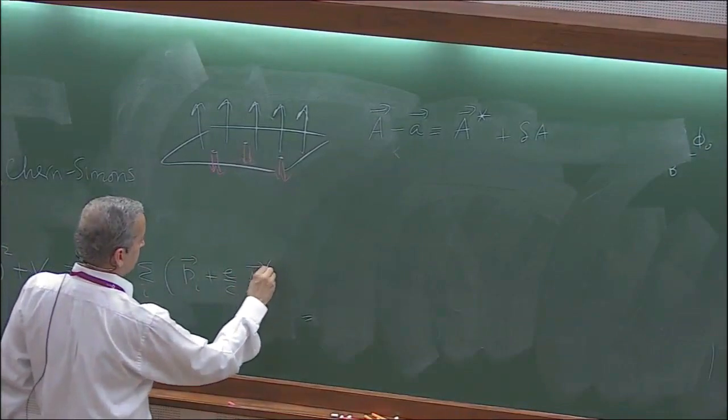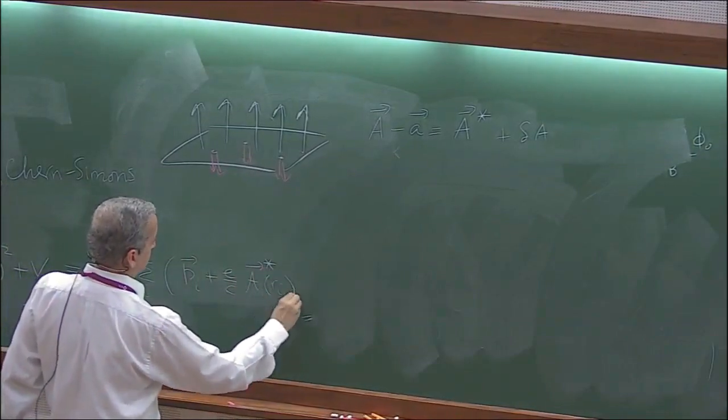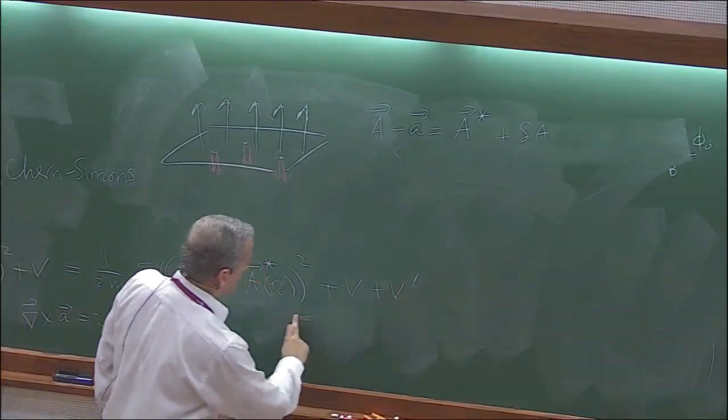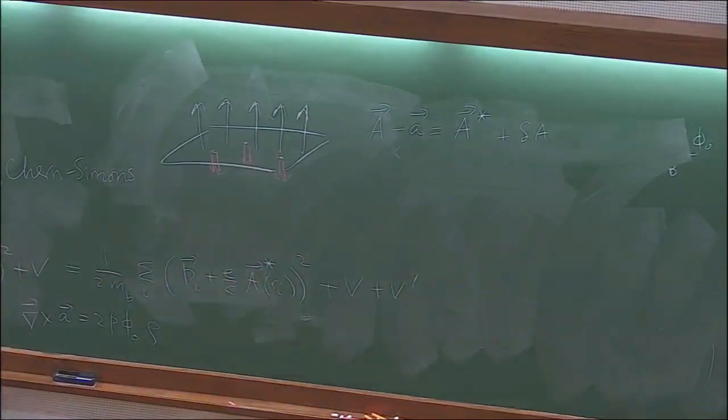So what I have done is I substitute that here. Then I collect all of the terms which are proportional to fluctuations delta A, and I call that V prime. So the Hamiltonian looks like this.